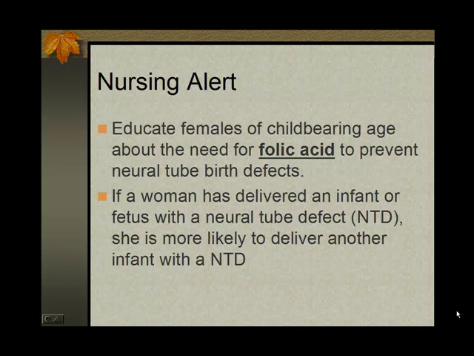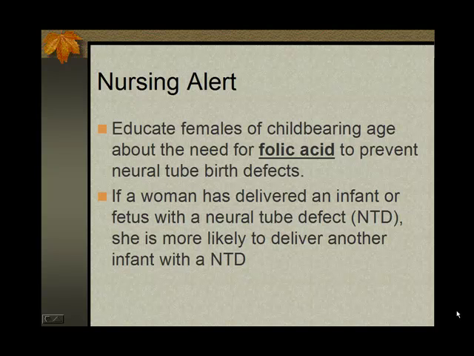Now, your book has a nursing alert saying that we should educate females of childbearing age that they need to take folic acid. We do know that folic acid in the first weeks of pregnancy, when the spinal cord and neurotube are developing, can help prevent these birth defects.